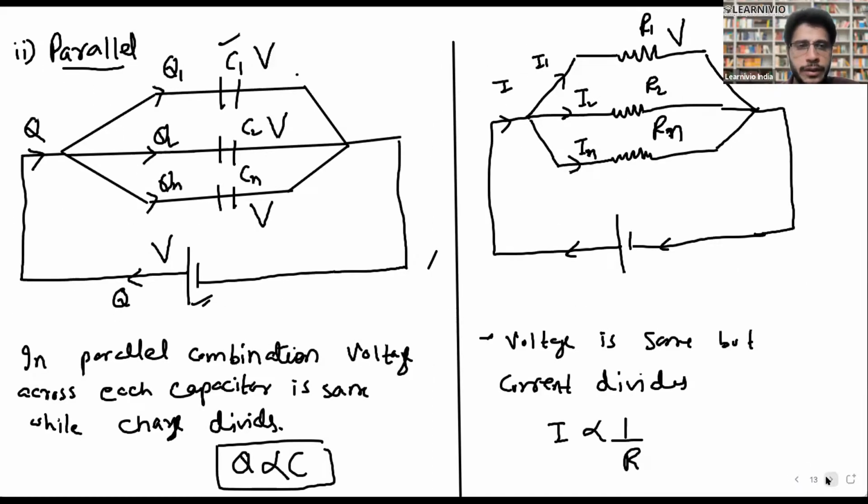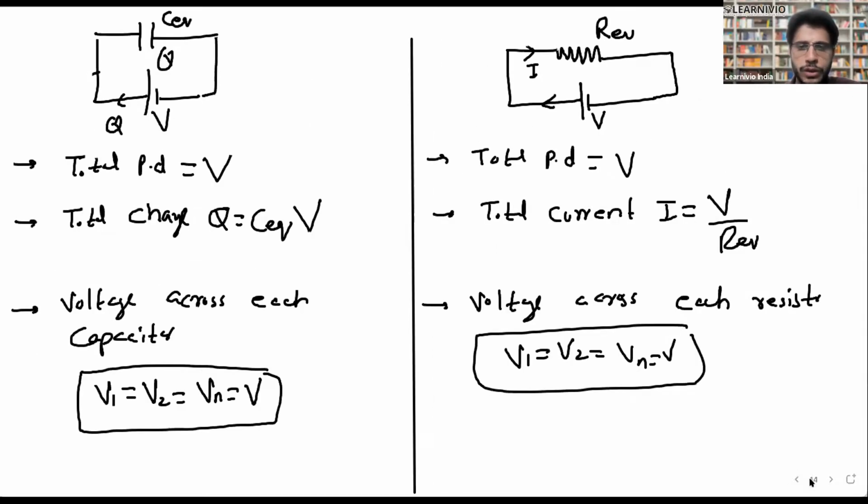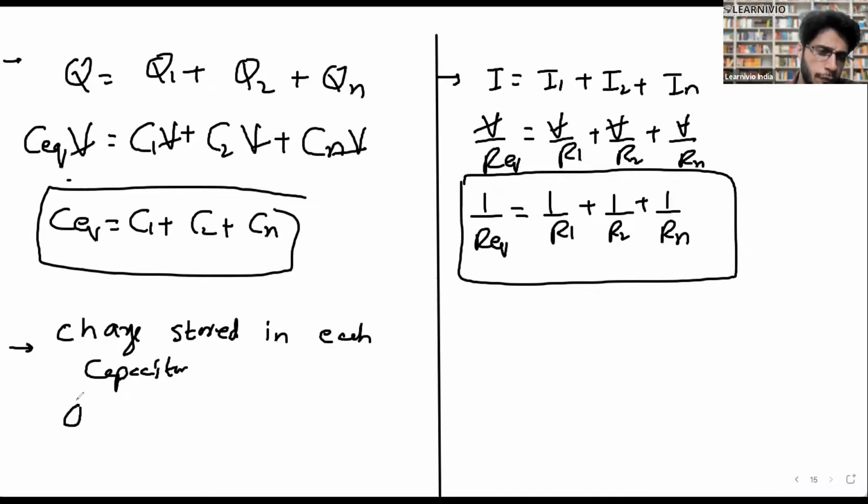After R equivalent, the next is, so we have equivalent capacitance, we have equivalent resistance. Now we know voltage across each capacitor. I need charge stored in each capacitor. What's the formula of Q1?